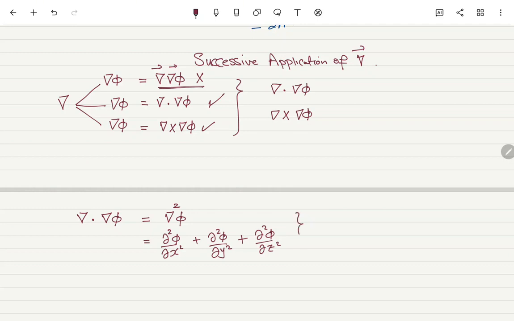This quantity is very important in electrostatics and is called the Laplacian. Therefore, del square is actually equal to del dot del.